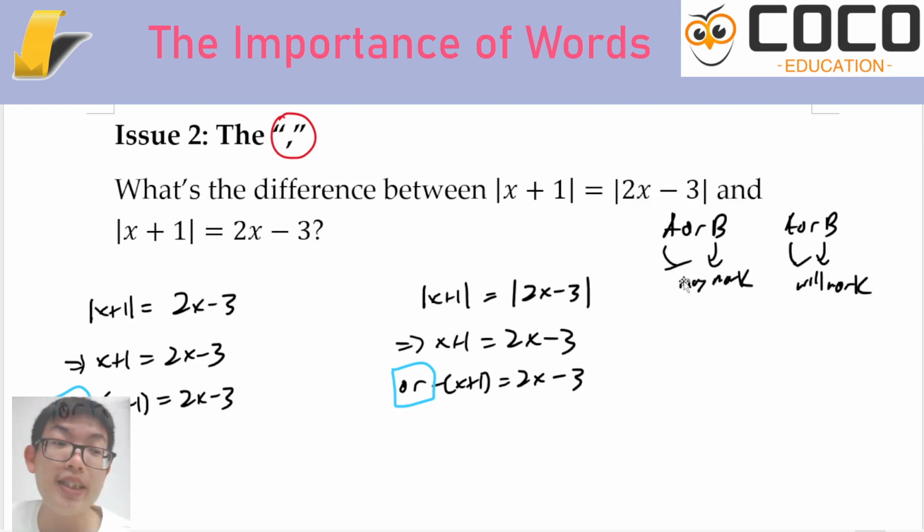There is a distinction here in the fact that for the case on the left, this modulus x plus 1 is equal to either x plus 1 or negative x plus 1. That is true.